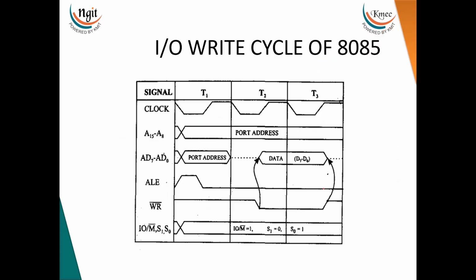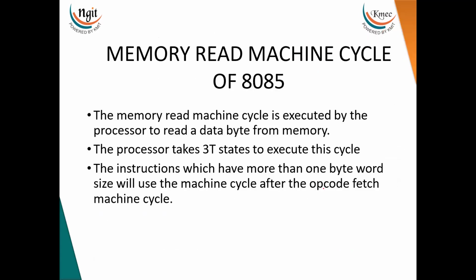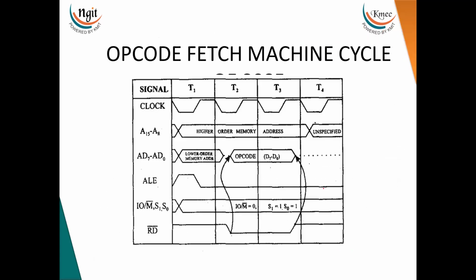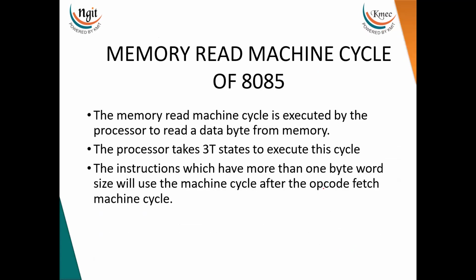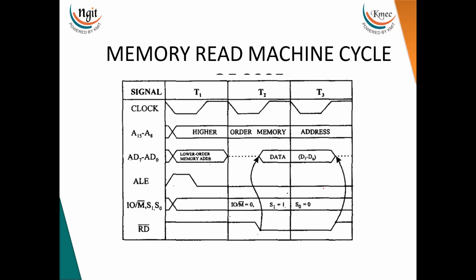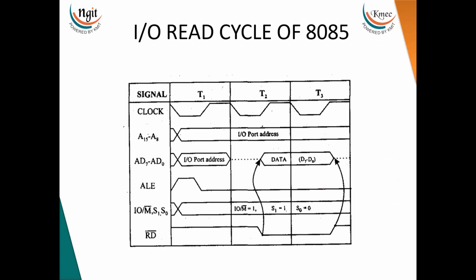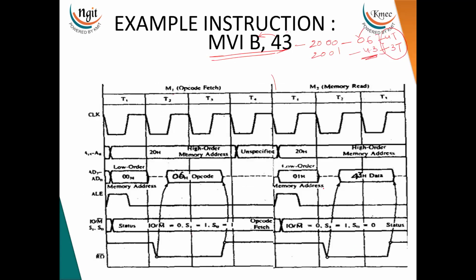Whatever diagrams we have analyzed, this is the opcode fetch diagram, which you have to write as it is, and you have to combine the memory read. If we combine both diagrams, that is the timing diagram for the MVI B, 43 instruction.